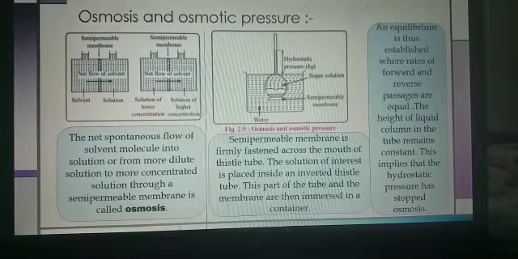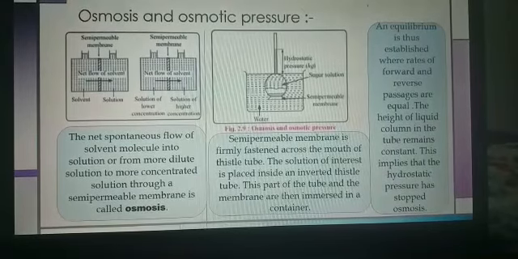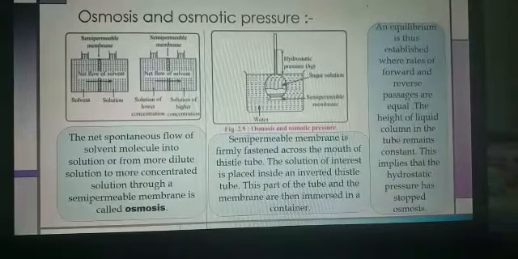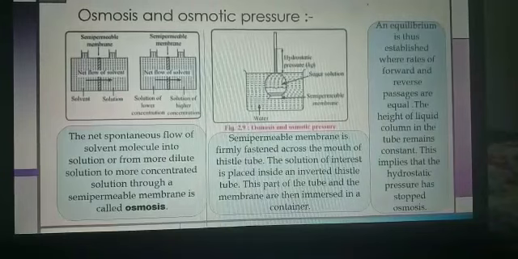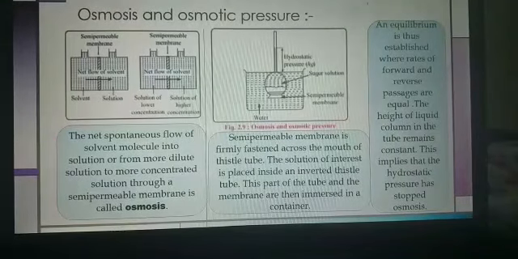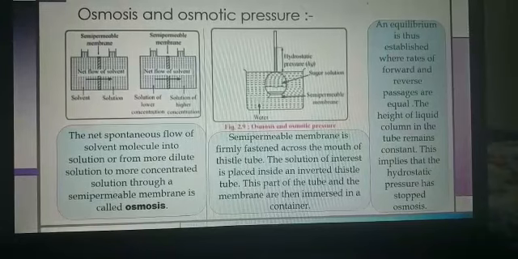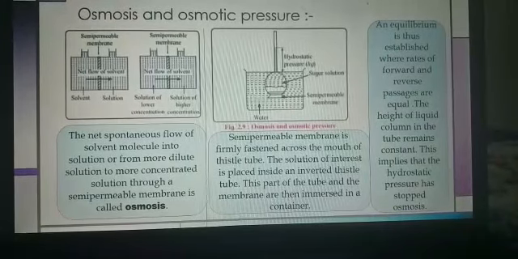This implies that the hydrostatic pressure has stopped the osmosis. What is that hydrostatic pressure that stops the osmosis? It is known as the osmotic pressure. That pressure is the osmotic pressure, which is equal to hρg, where h is the height of the liquid column, ρ is the density of the solution, and g is the acceleration due to gravity.